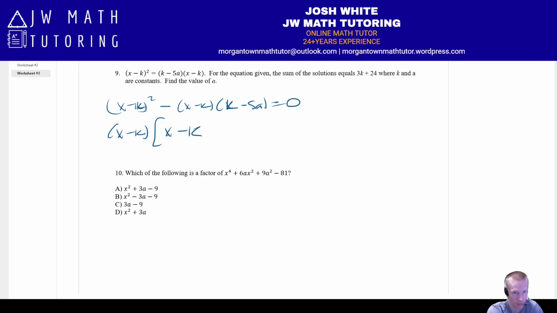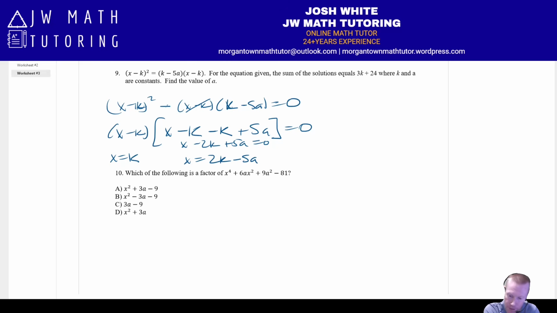That leaves me with x minus k, and then in the second one, this is gone, so now it's a negative sign distributed, minus k, negative and negative, positive, plus 5a equals 0. So now I know that one solution is k. This becomes x minus 2k plus 5a. Again, if you set it equal to 0, you get x equals 2k minus 5a.